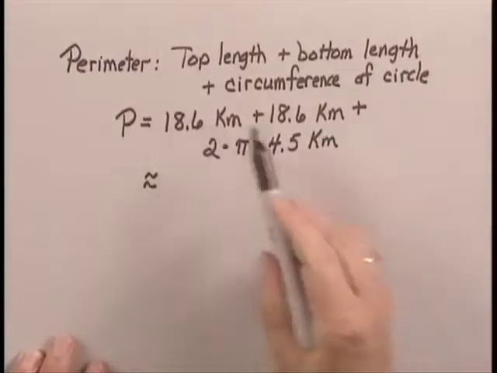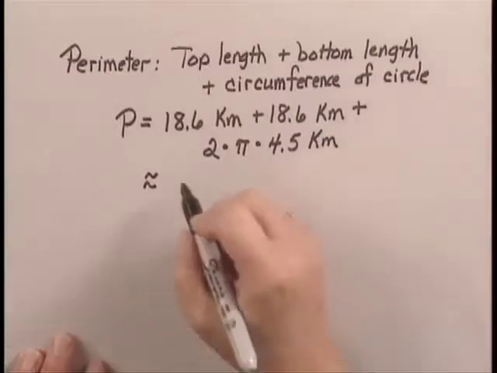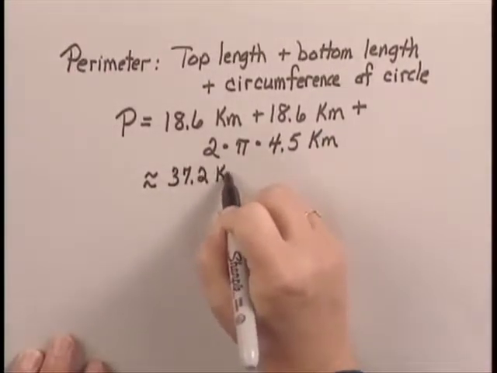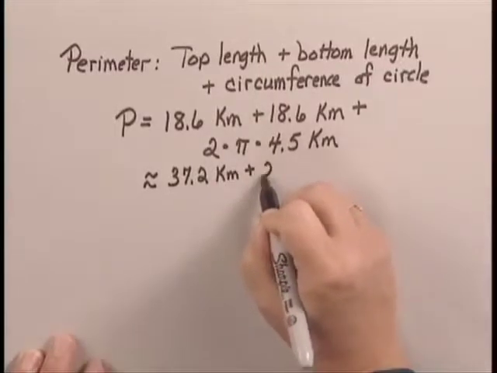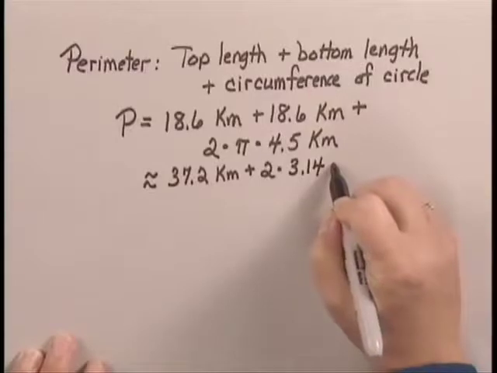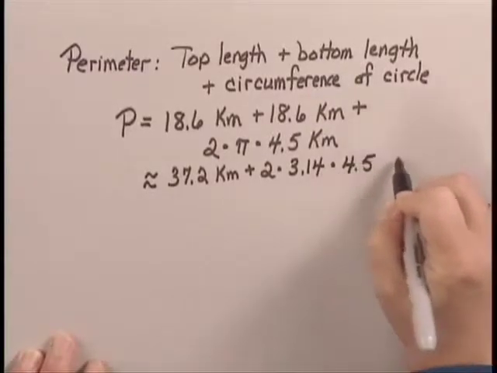And 18.6 plus 18.6 is 37.2. So I have 37.2 kilometers plus 2 times 3.14 times 4.5 kilometers.